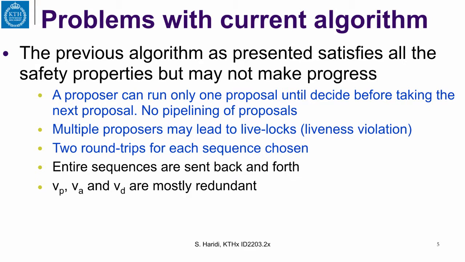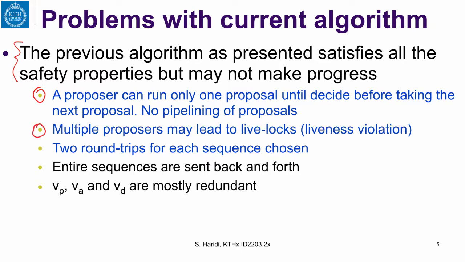So now our current algorithm, which is the vanilla Paxos algorithm, has a number of problems. I'll just state it again. The previous algorithm presented satisfies the safety property, but as we said, a proposer can run only one proposal until it is decided before taking the next proposal. So there is no pipelining of proposals.